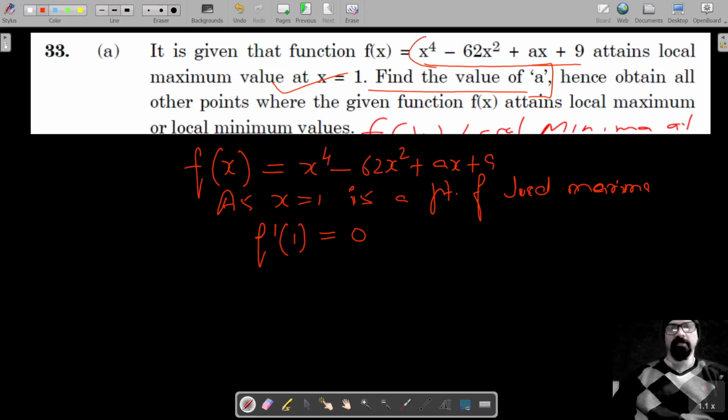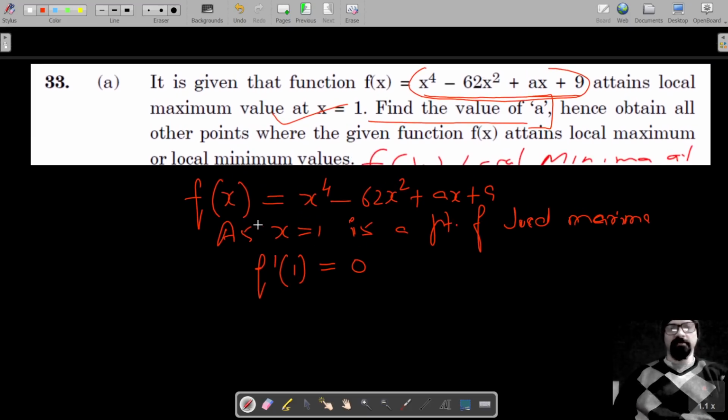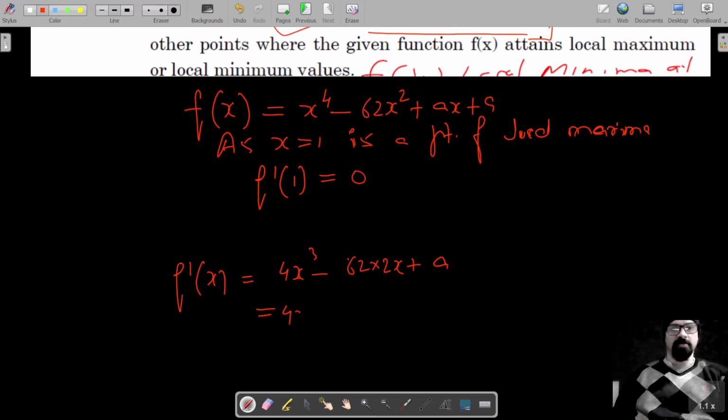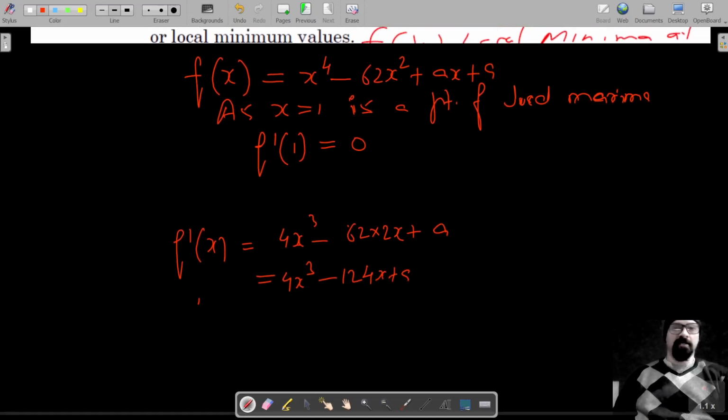So this is our function, and we have to find its first order derivative first. So f dash x is equal to 4x cubed minus 62 into 2x plus a, which is 4x cubed minus 124x plus a. Now, to find f dash 1, we substitute the value of x as 1.